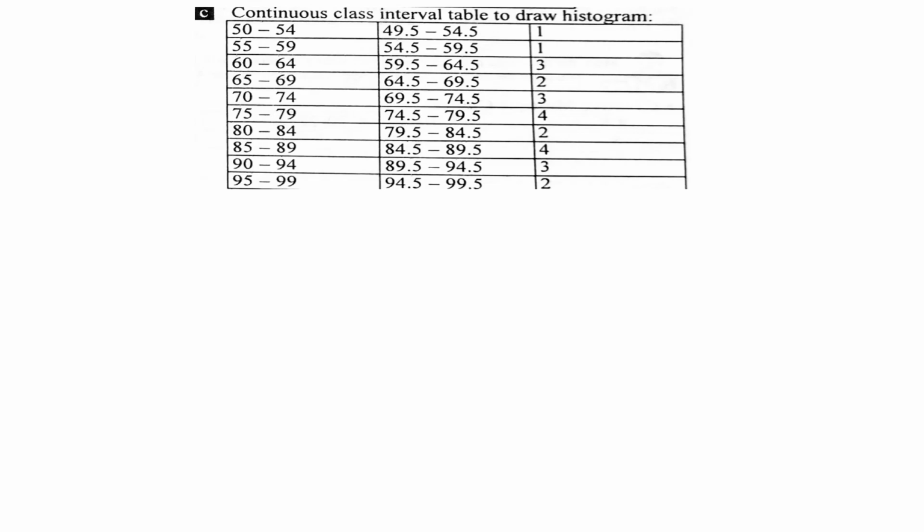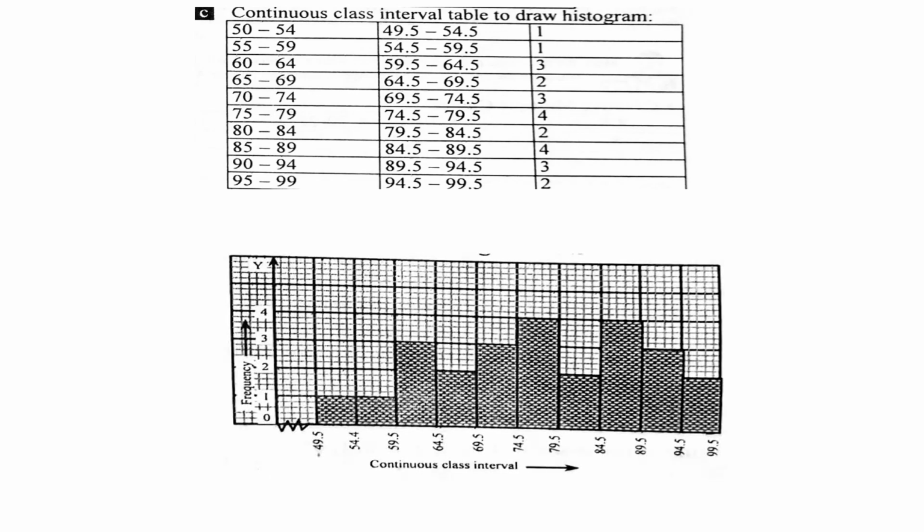Now, for the histogram, this is the histogram. This histogram has been drawn taking 1 square of graph paper as 1 unit of class interval along the x-axis and taking 5 squares of graph paper as the unit of frequency along the y-axis.